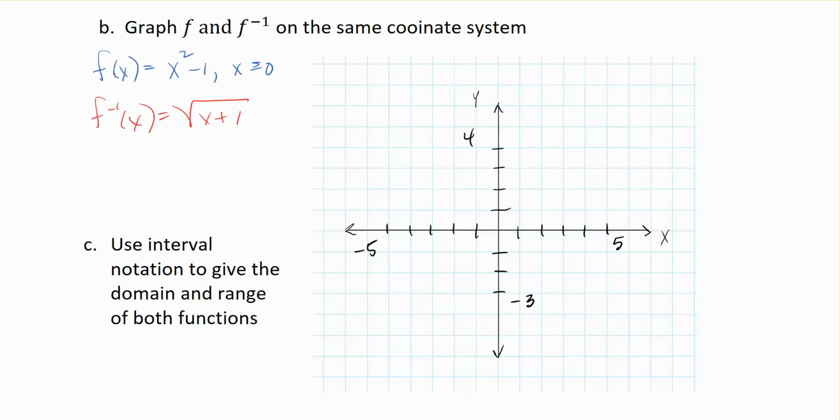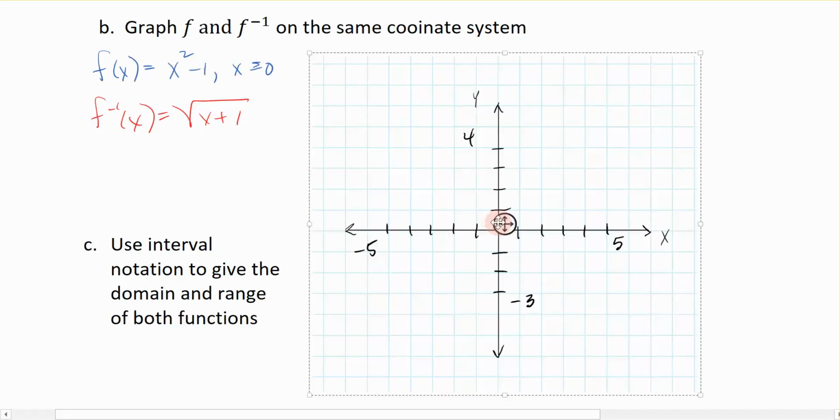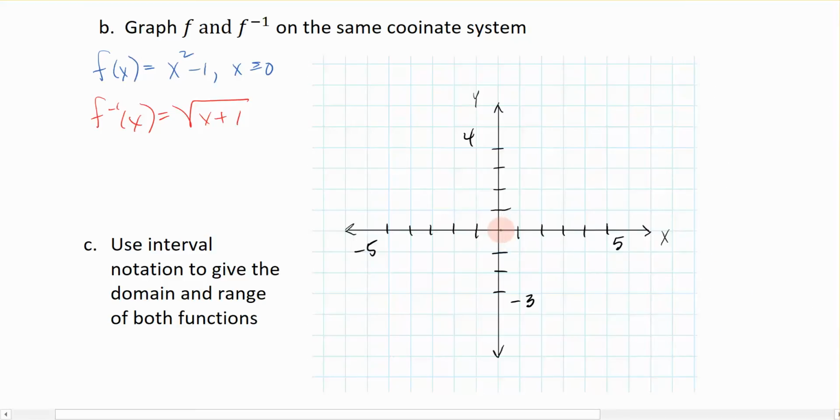So looking at the f of x function, I'm going to use transformations, or translations, to move the function around. So I have a quadratic function that is shifted down by 1, and I only want the positive x values. So my original function is going to start at 0, 0, and it's going to shift down by 1.